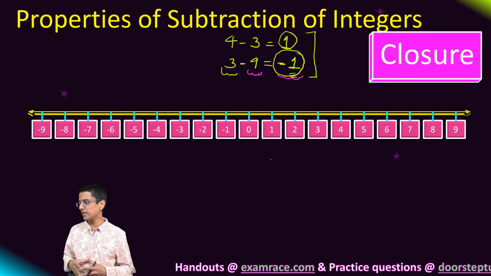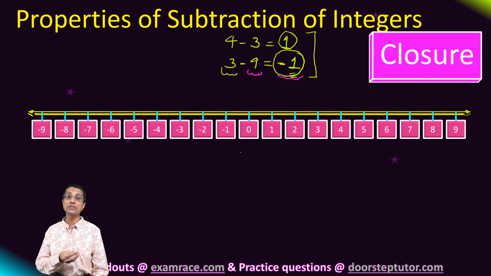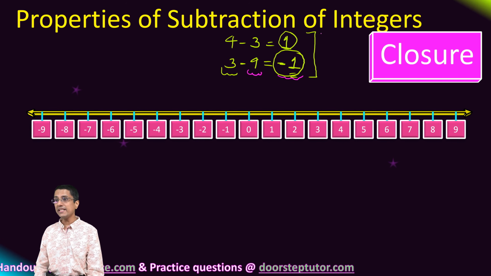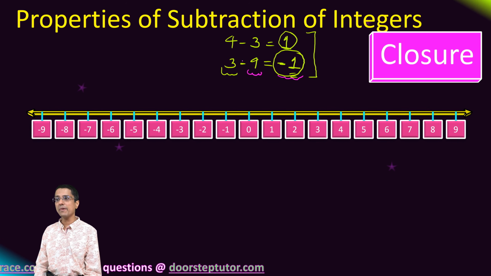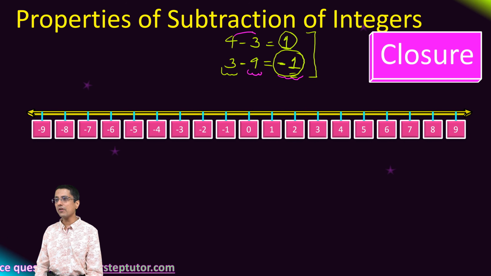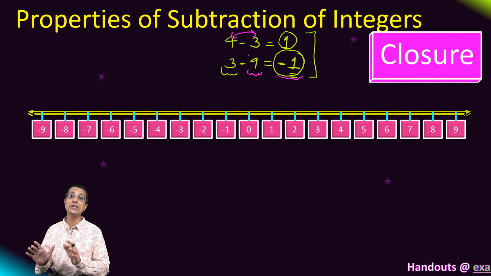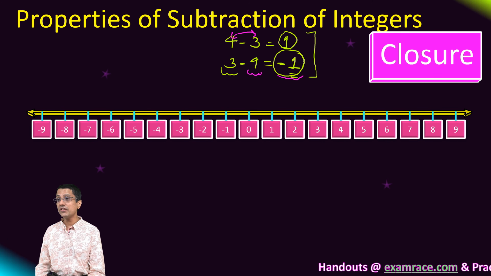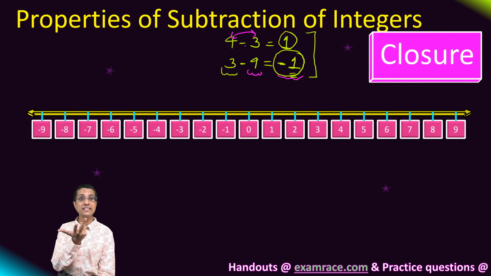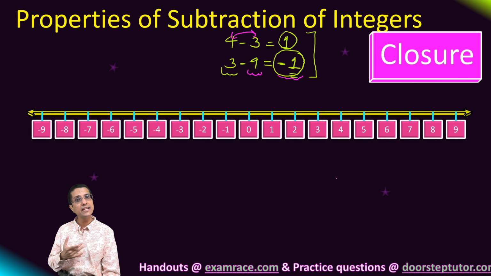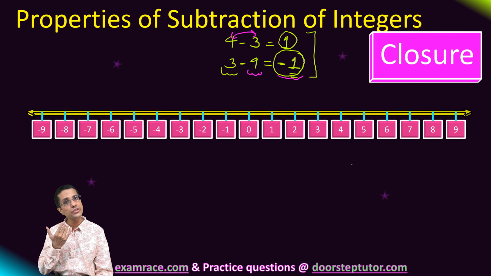Now, what about the commutativity and associativity of subtraction? In these two cases, when I'm doing 4 minus 3, if I change the order of operands around the minus sign, my answer actually changes, which means that subtraction is not commutative. Is it associative? It is not associative either.